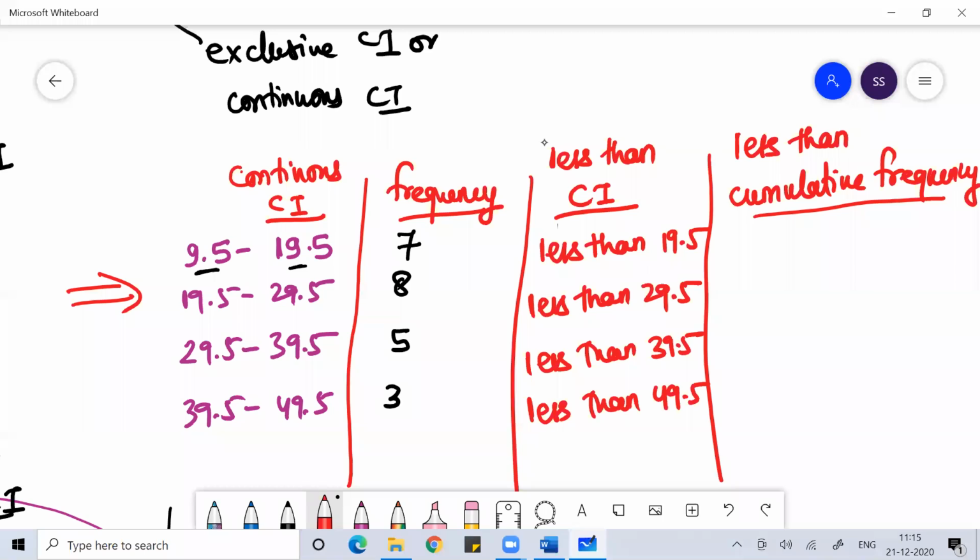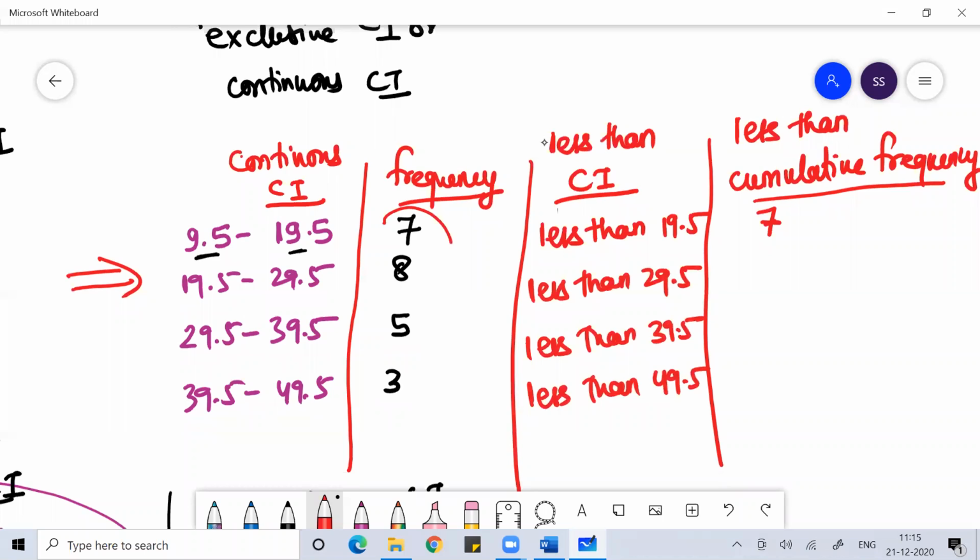If you are writing in that form, then what do you do? How many numbers are less than 19.5? That is 7. Seven numbers are less than 19.5. Then less than 29.5 means these two groups, so 7 plus 8 means 15.